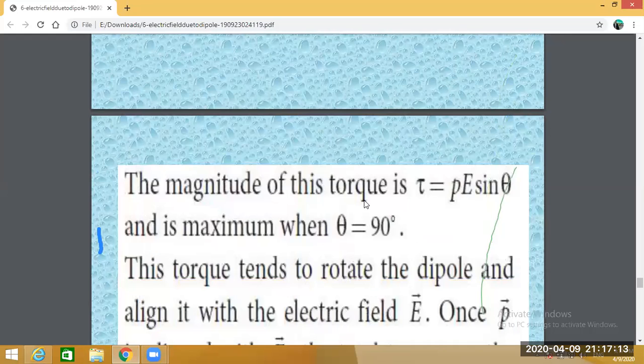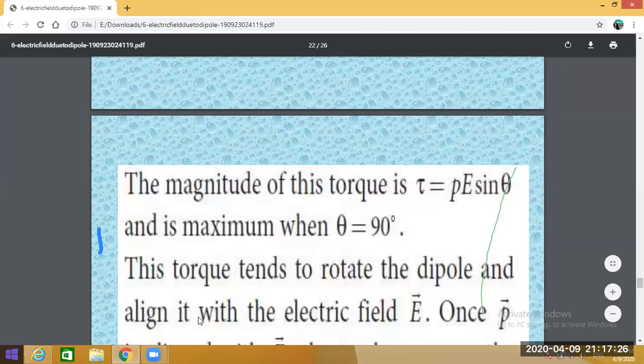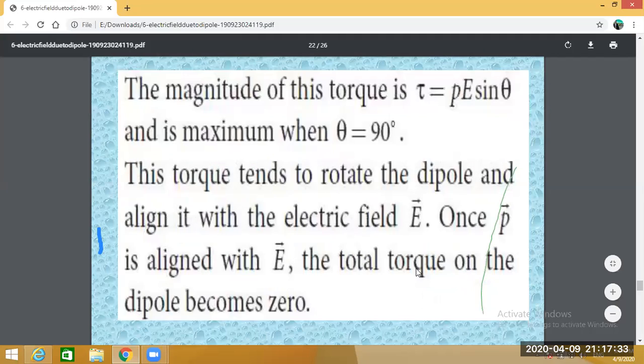So the magnitude of torque is P E sine theta and is maximum when theta is 90 degrees. So this torque will be maximum when theta is 90 degrees. And this torque tends to rotate the dipole and align it with the electric field. Once P is aligned with the electric field, the total torque on the dipole becomes zero.